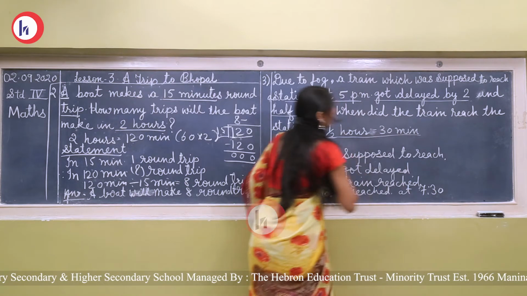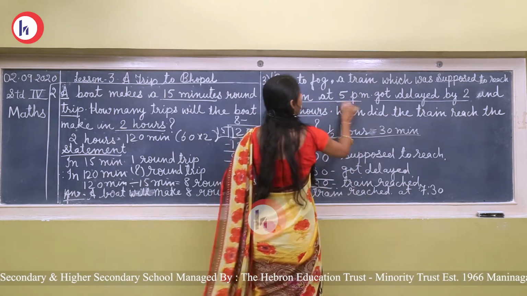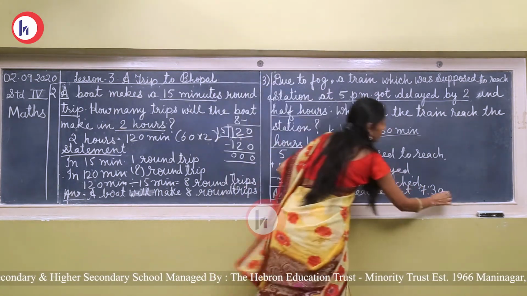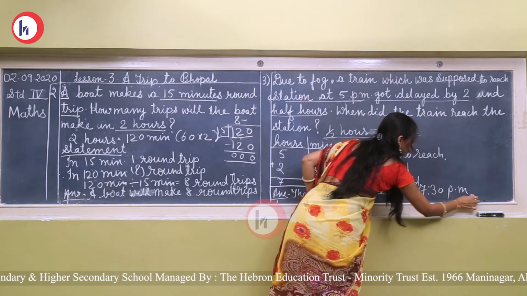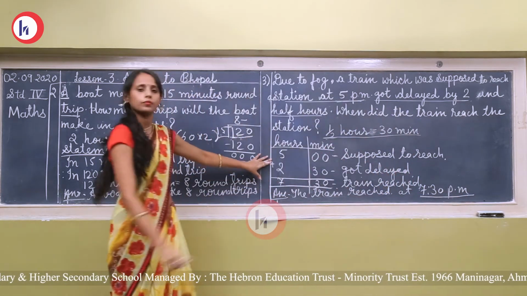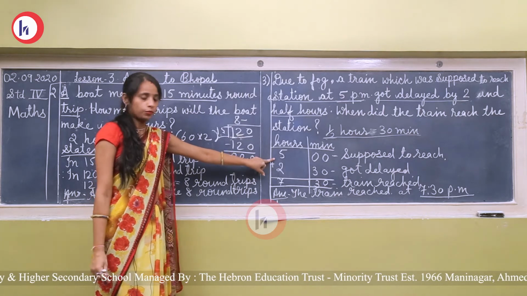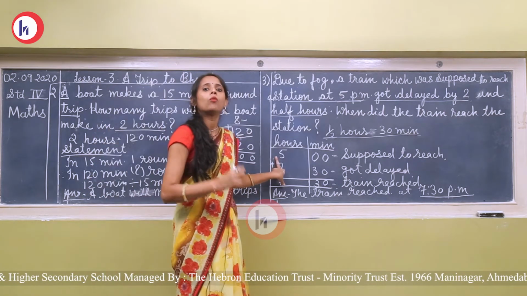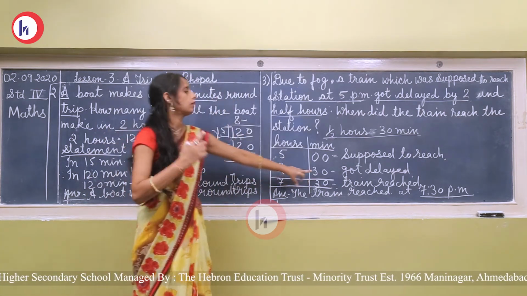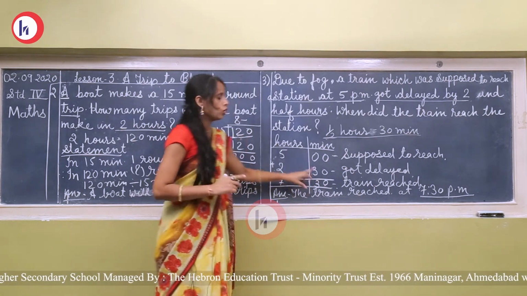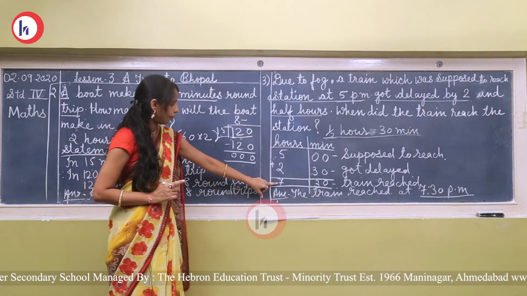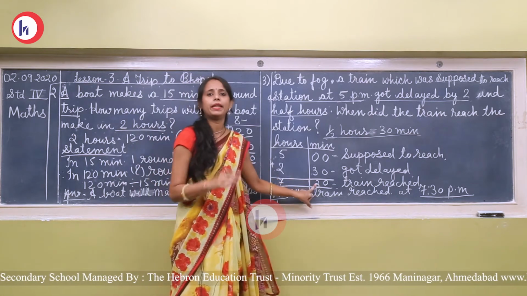And AM or PM? So we have to see at the question PM. Okay. It is start from 5 PM को वो आने वाली थी और 2 hours and 30 minutes it was late. So when did it reach? It reached at 7:30 PM.